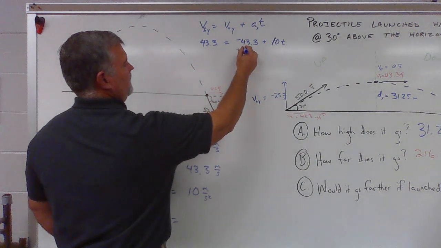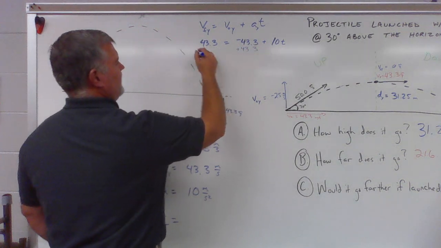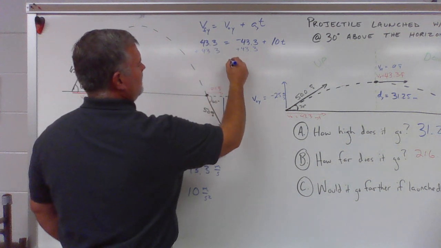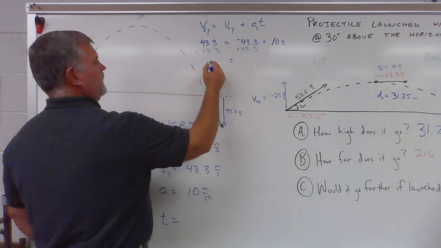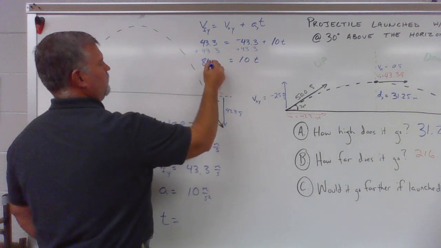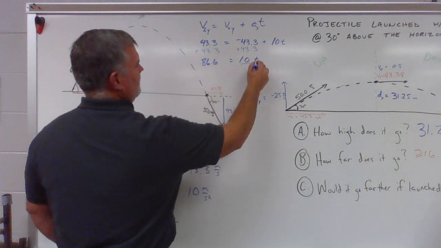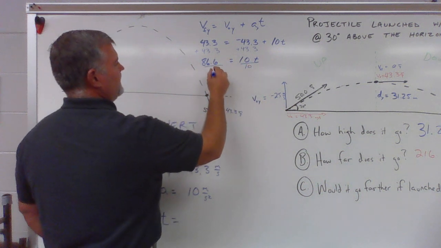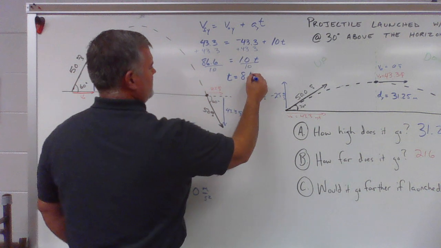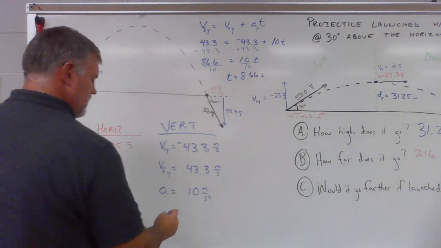So if we add 43.3 to both sides, we get 10 times the time is 86.6. Divide by 10. The time that it's in the air is 8.66 seconds.